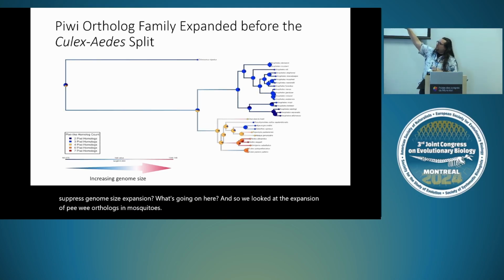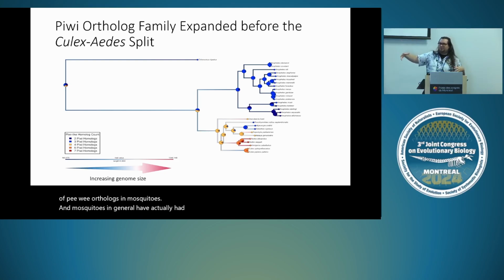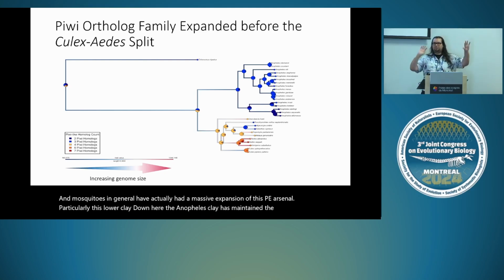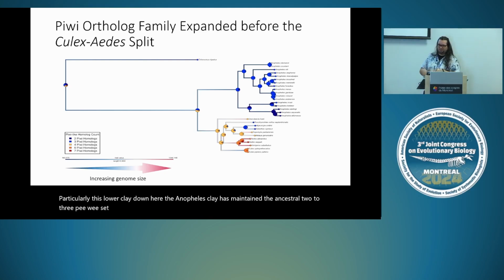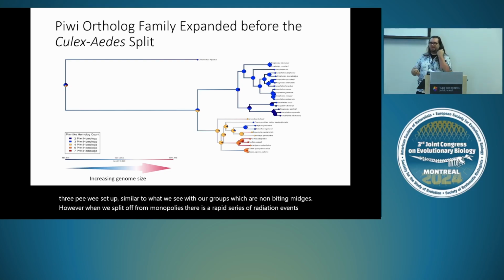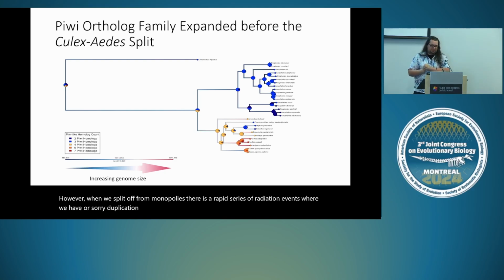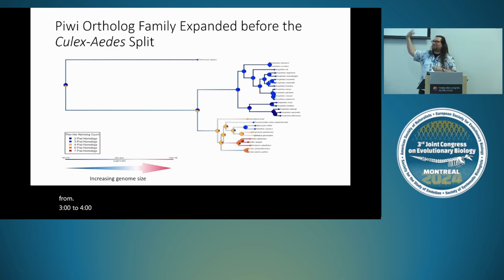And mosquitoes in general have had a massive expansion of this Peewee arsenal, particularly this lower clade down here. The Anopheles clade has maintained the ancestral 2 to 3 Peewee setup, similar to what we see with our outgroups, which are non-biting midges. However, when we split off from Anopheles, there is a rapid series of radiation events where we have duplication events, with increasing numbers of Peewee orthologs from 3 to 4 to 6 and eventually 7 in the case of Aedes aegypti.